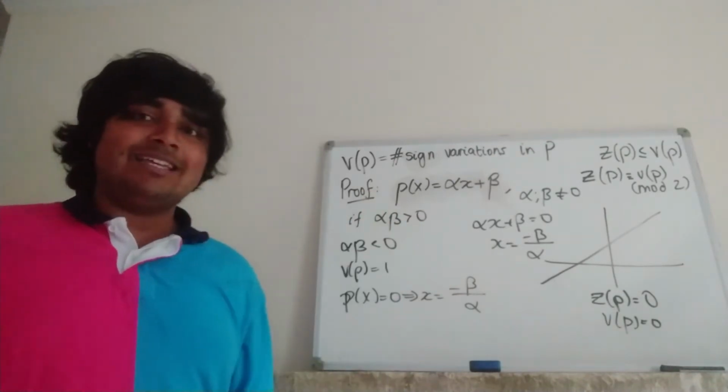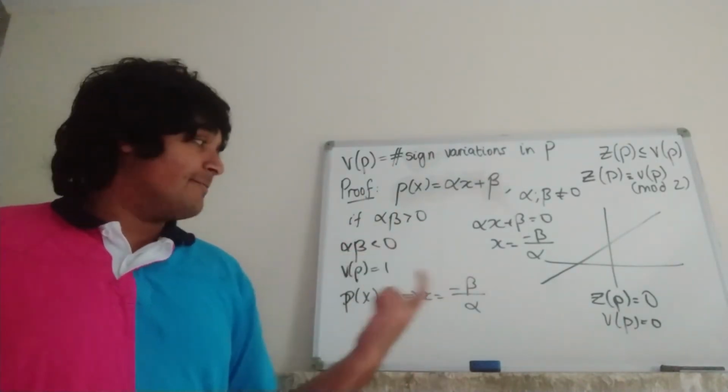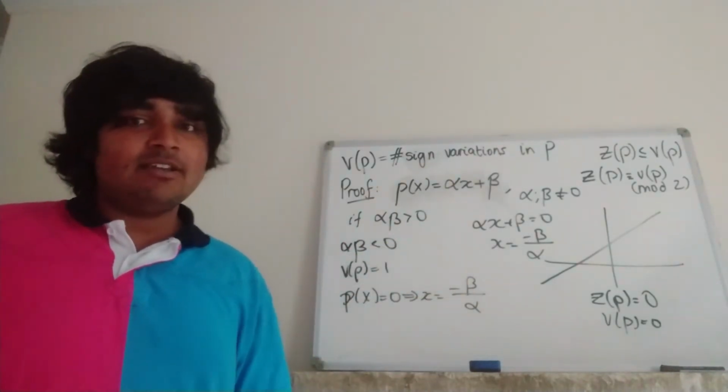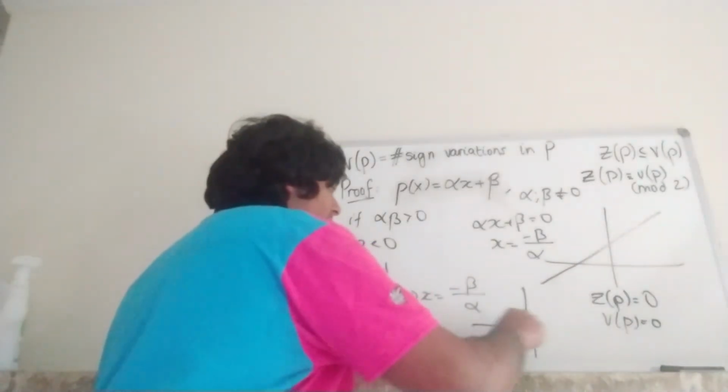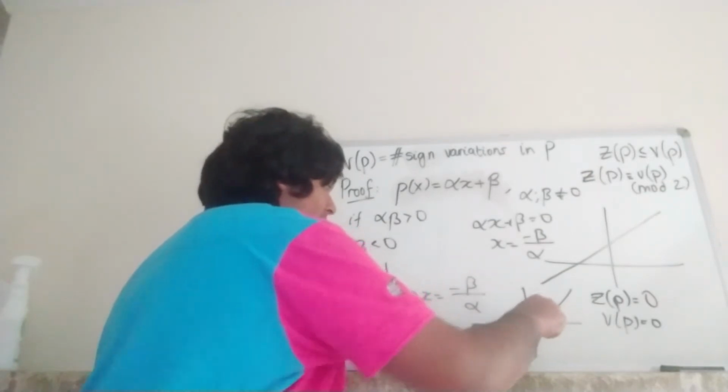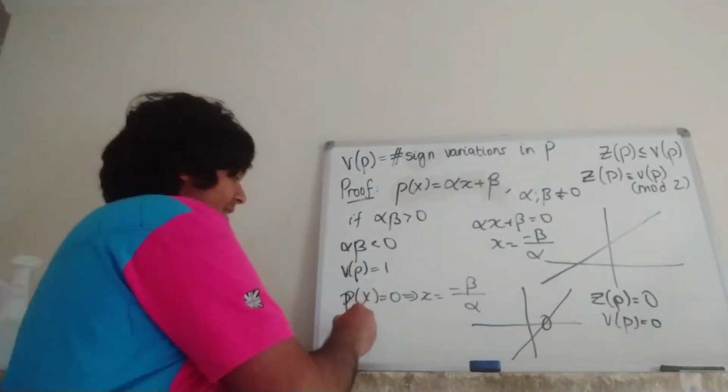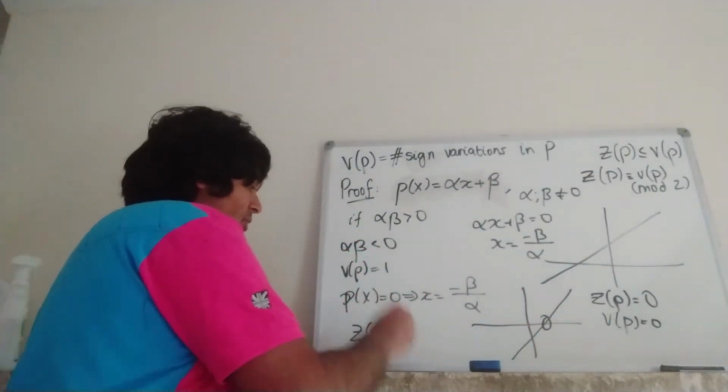Because alpha beta is less than 0, alpha and beta have different signs, so minus beta over alpha is going to be positive. So the real root is going to be some positive real number, which tells us that Z of P is equal to 1 as well.